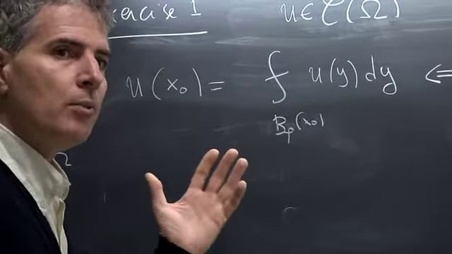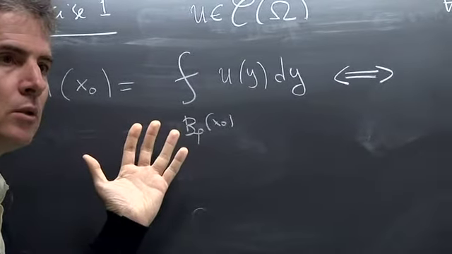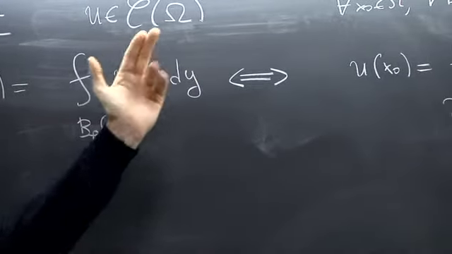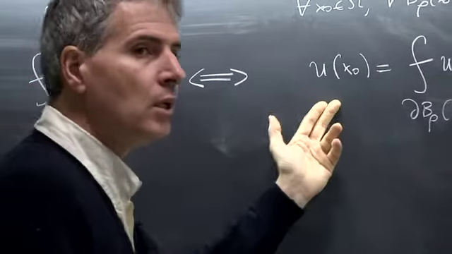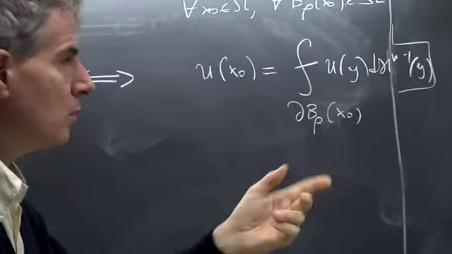So the mean value property on solid balls, for a continuous function, is equivalent to the mean value property on the hypersurface, on the boundary of the balls.